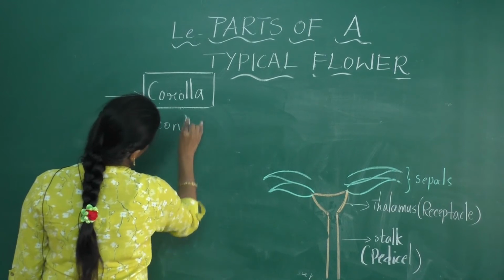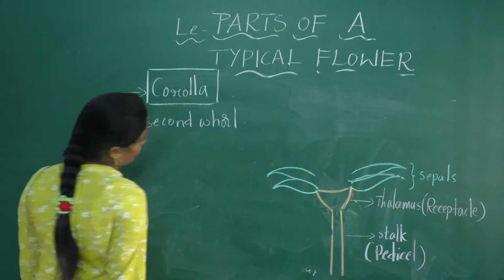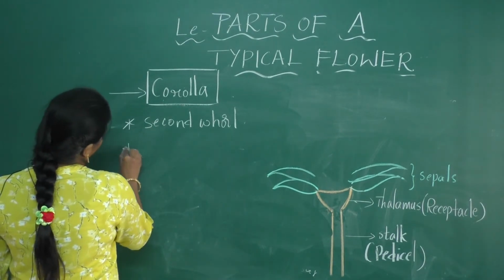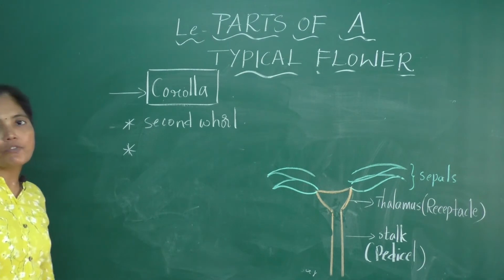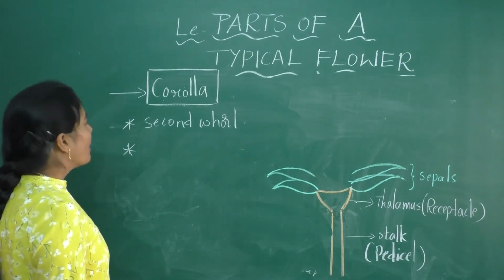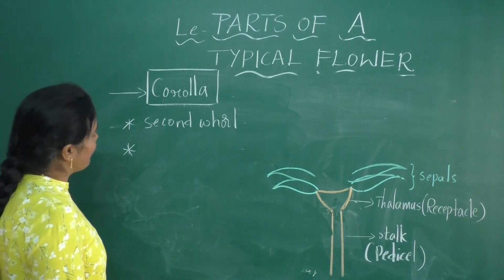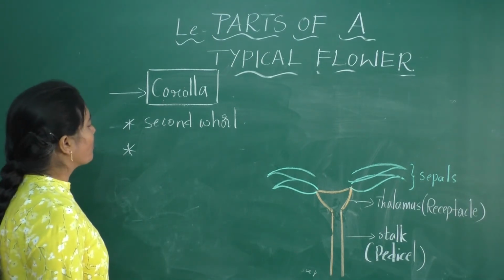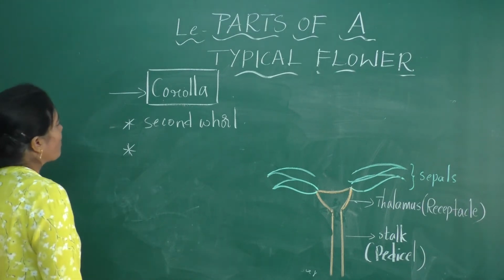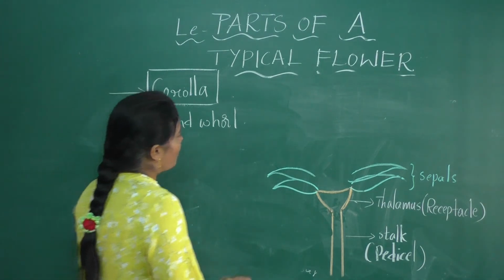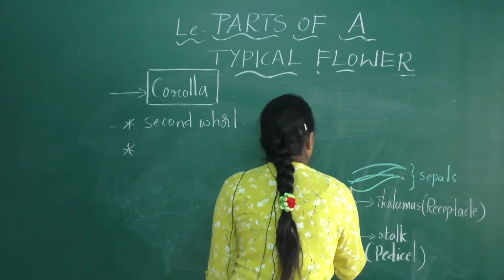As you know well, generally the petals will be colorful, and different flowers have different colors of petals, and different sizes and different shapes of petals. So, now I'll draw the petals.